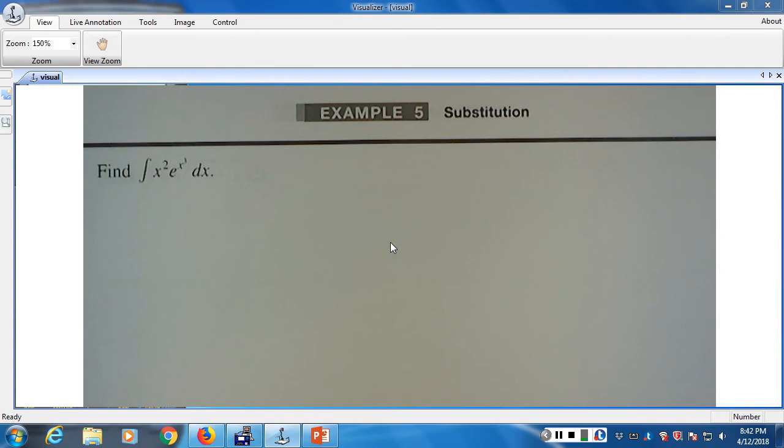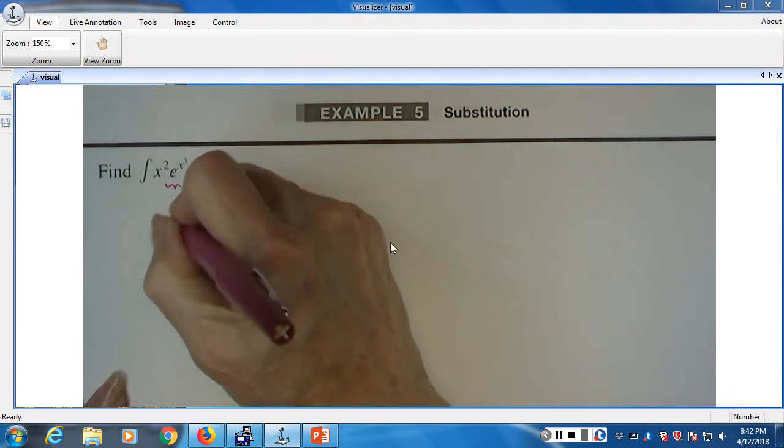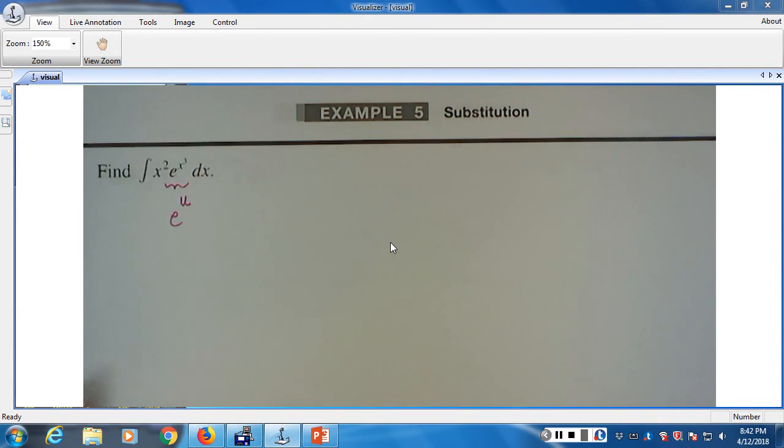Now, if you're looking at that, which one of those two things is more complicated? The e raised to that power, because it's a function on the power. So that's probably e to the u, and that function is the u, that x cubed.